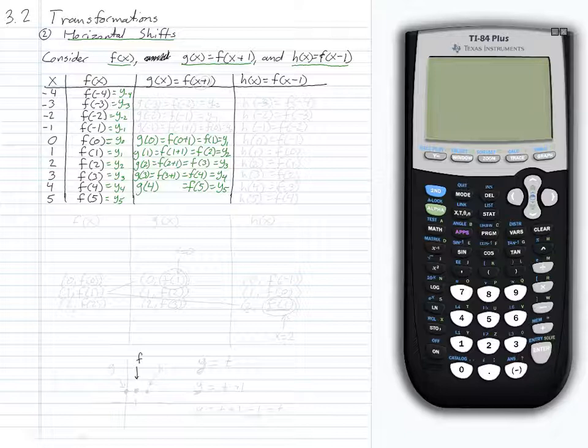Now, since we already know all of these points on the function f, we can tell how high these points are going to be with these slightly different x-coordinates. If we go in the other direction, g of -1 would be f of -1 plus 1, in other words, f of 0.